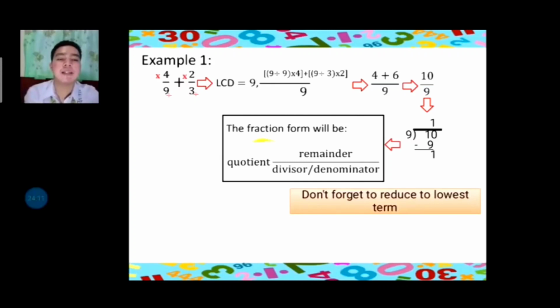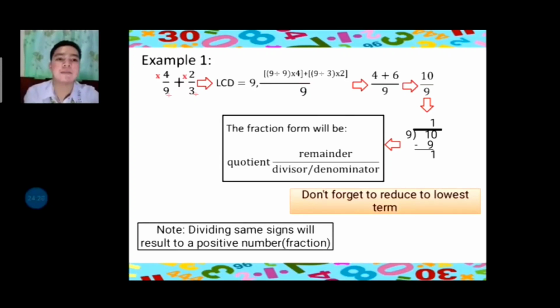The quotient will be our whole number, the remainder will be the numerator, and the denominator is the divisor, our LCD. So we have quotient 1, remainder 1, and divisor or LCD is 9. So our answer is 1 and 1 over 9. Note, dividing same signs will result in a positive number.